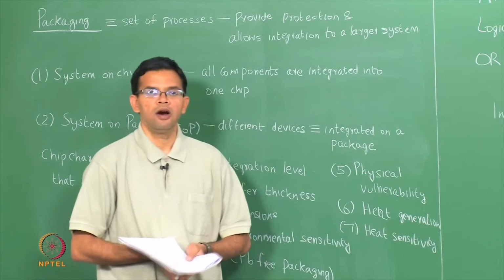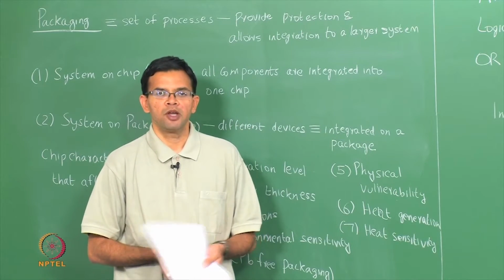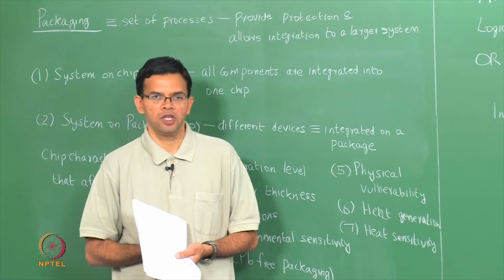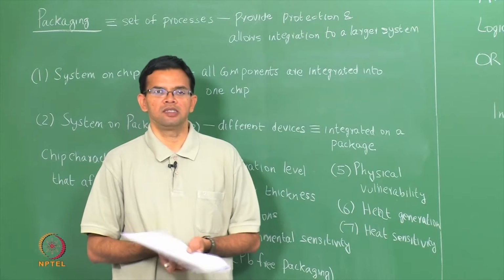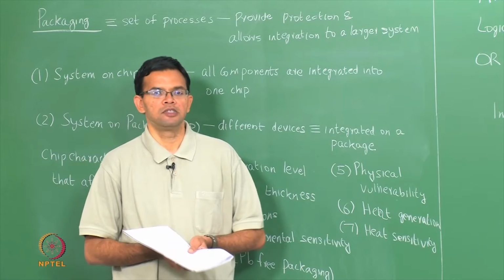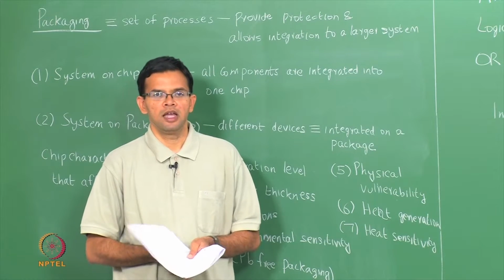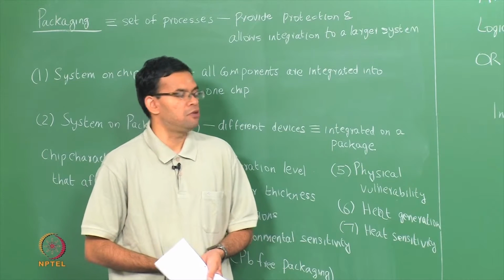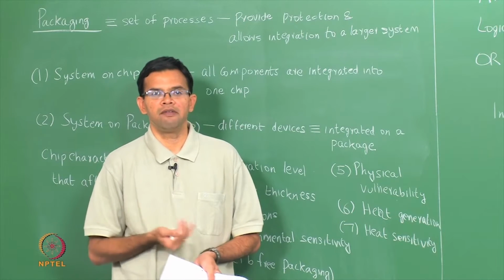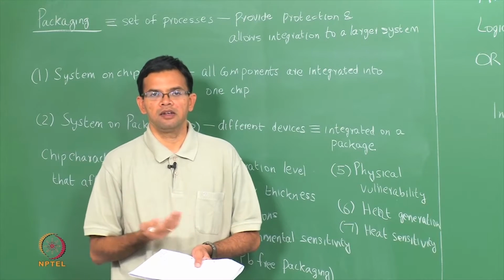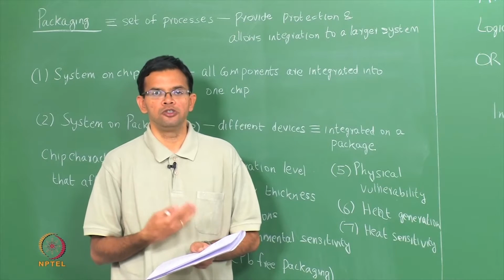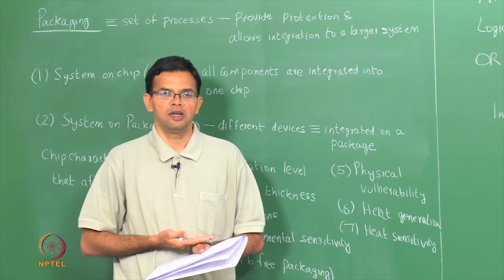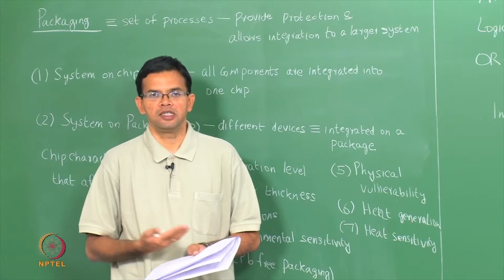So, the last two are essentially important because we find that as we go with higher levels of integration, so that we have more and more transistors that are being packed in smaller and smaller areas, it basically tends to generate a lot of heat. Simple way to think about heating is that if you have a resistor and you pass current through it, you have something called Joule heating, which is directly proportional to the square of the current and also directly proportional to the resistance.